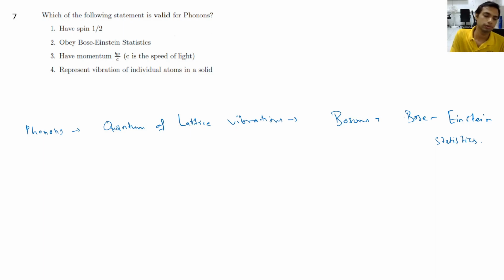One option says they have spin half. This statement is clearly wrong, because if it had spin half, it would be a fermion, which is not true. The phonons obey Bose-Einstein statistics. This is true because phonons are bosons and hence they obey Bose-Einstein statistics.